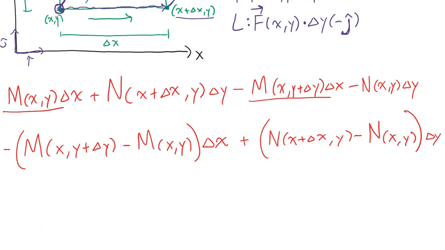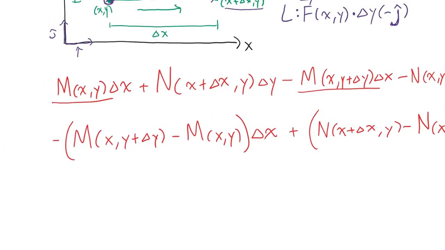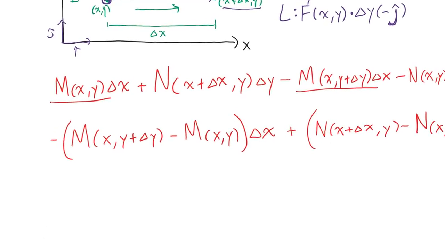Well, if you notice, this looks awfully similar to the definition of a derivative, or in this case, a partial derivative, because m is a function of two independent variables. So if we just take our delta y, and if we divide this by delta y and then multiply by delta y, well, yes, indeed, this right here is the change in m over the change in y.